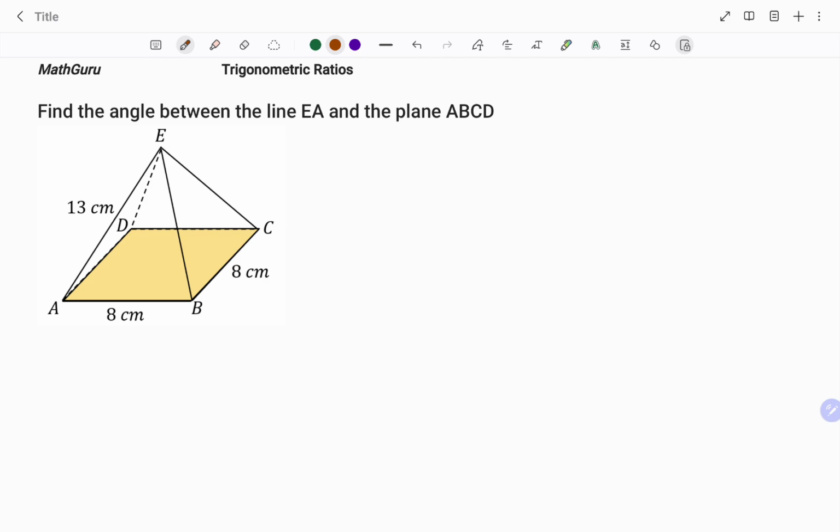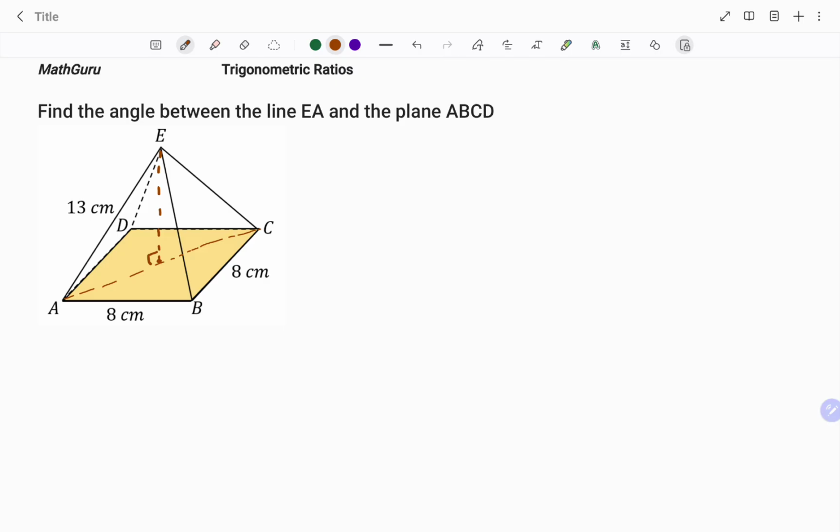For the same question, I'm to find the angle between the line EA and the plane ABCD. Note that if I draw a perpendicular line from E to the plane as shown, and if I draw a diagonal from A to C, then because it's a perpendicular line, I'm going to have my angle 90 as shown.